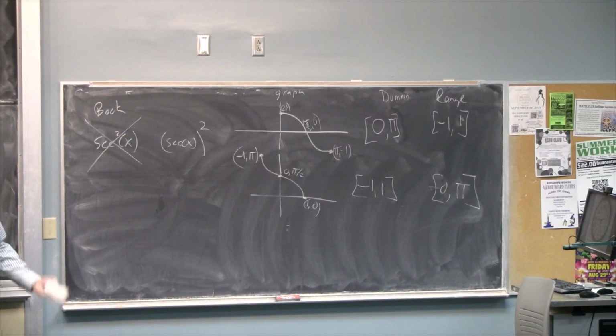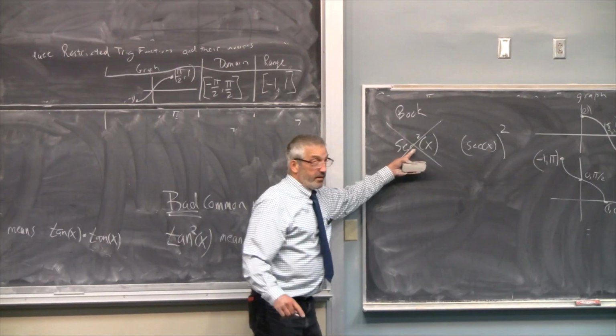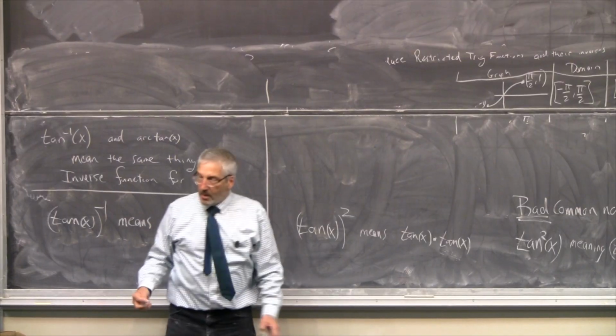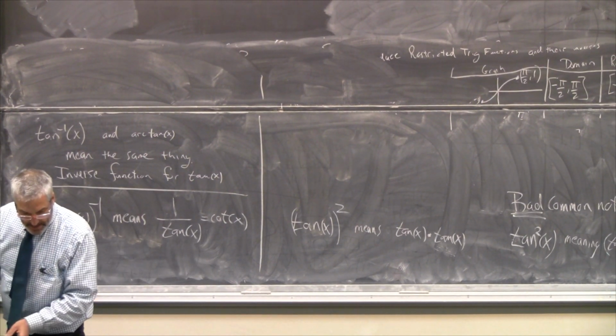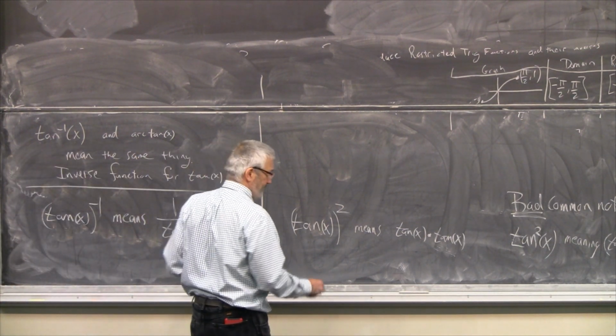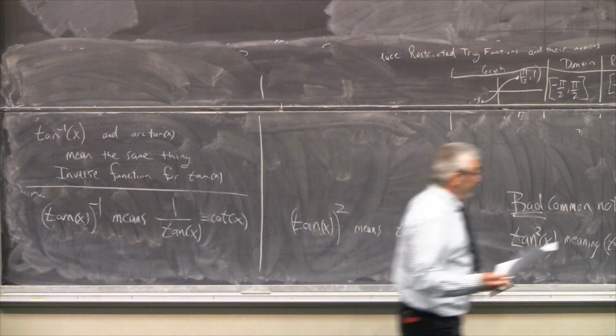If we want to say that the thing is being squared, just show that you're squaring the function. Because I want to reserve the use of this kind of exponent for just one special use, this thing. Okay. All right, cancellation laws.